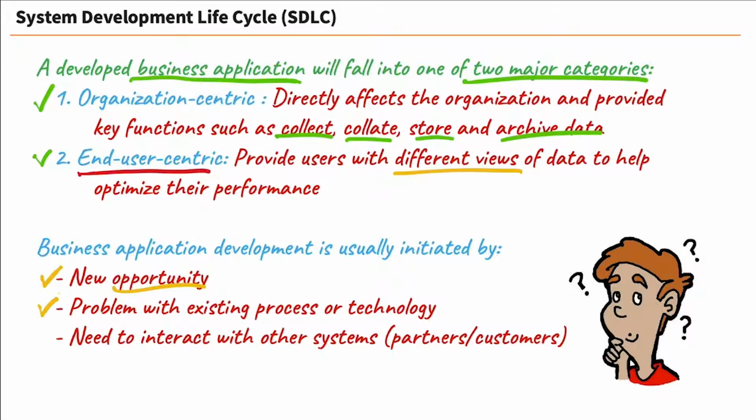Next is addressing some type of problem, and it could be a problem with a process that you have in place or with technology that your company is using. And lastly is the need to interact with some other system, maybe a partner system or a customer system, or allow their system to interact with you and you need to tweak yours a little bit. So those are the three situations which would drive the development of a new business application.